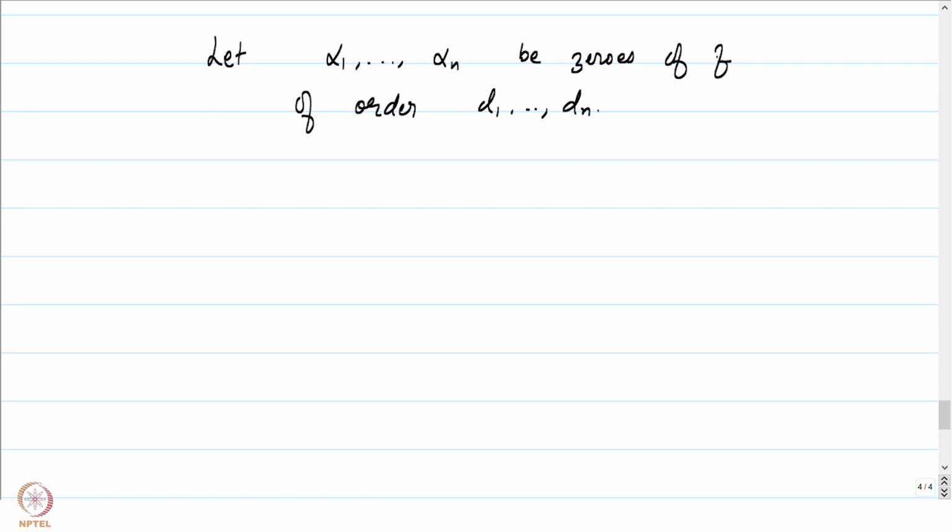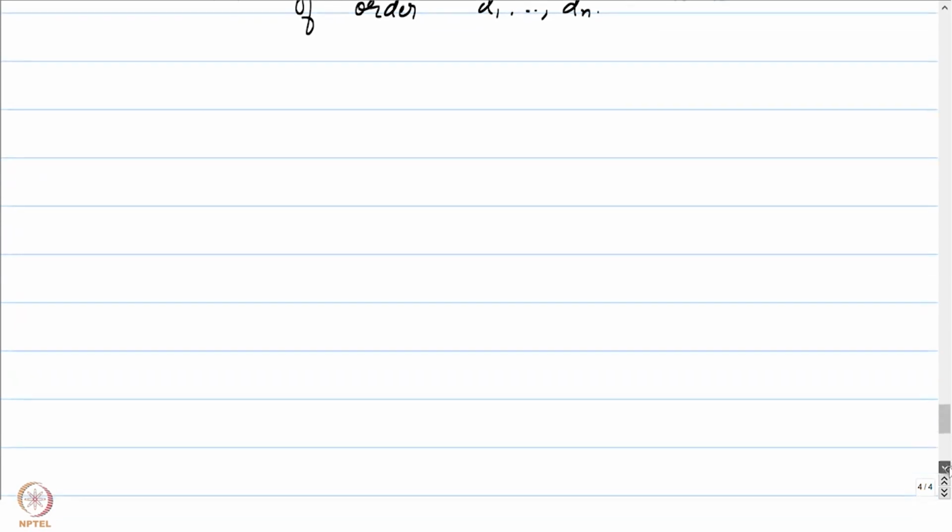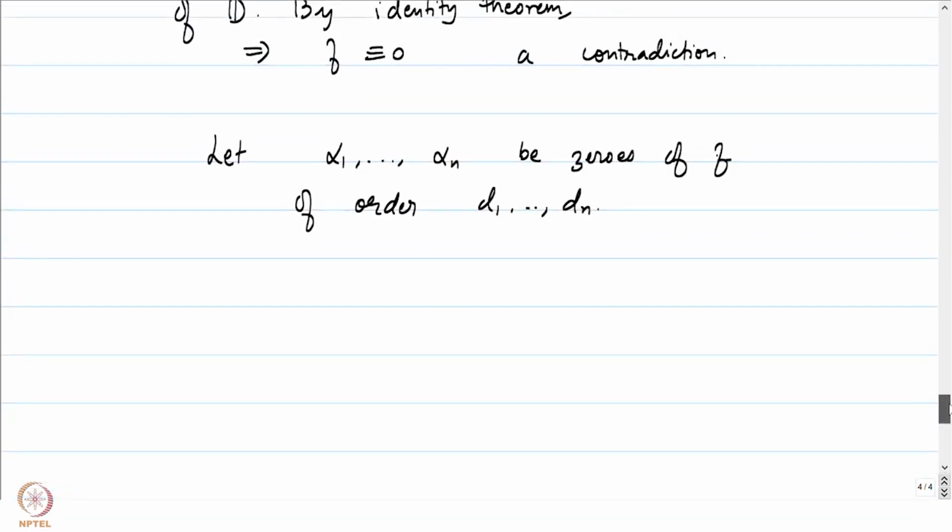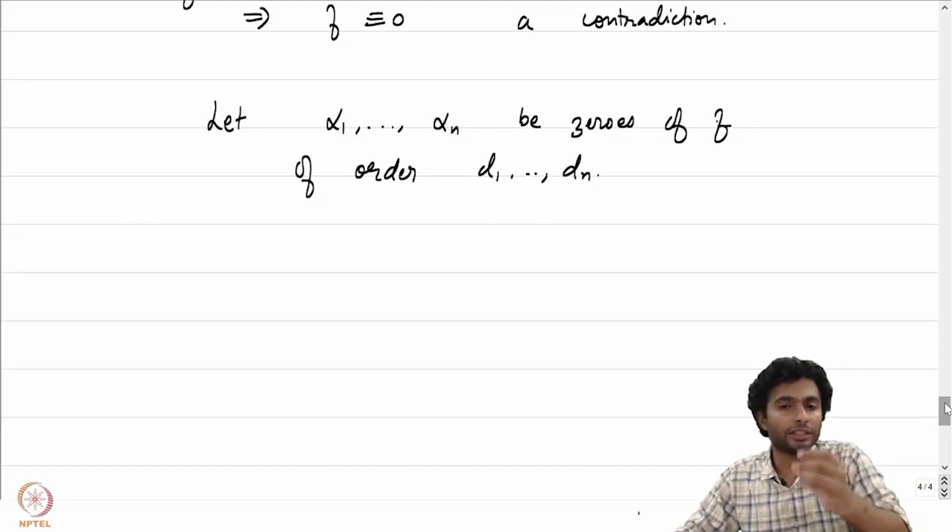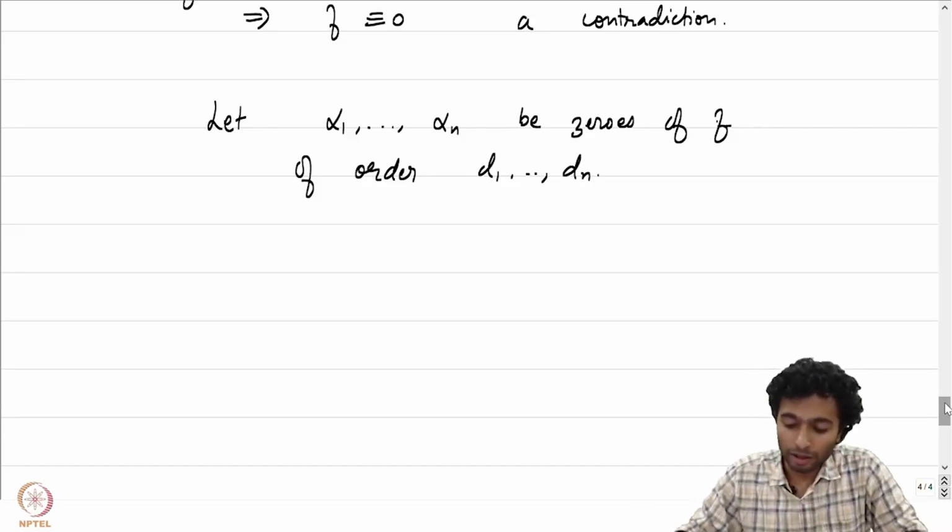This means that f of z is equal to (z minus alpha j) to the power dj times a function g_j, where g_j of alpha j is not equal to 0. So, we in fact have a g_j which does not vanish.